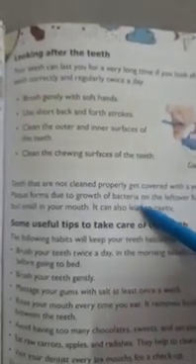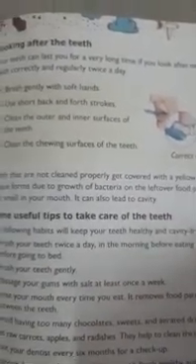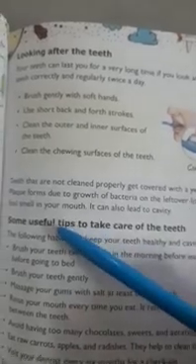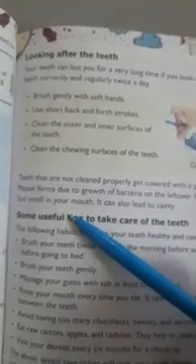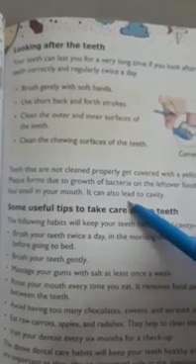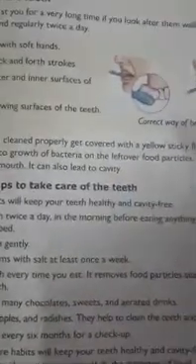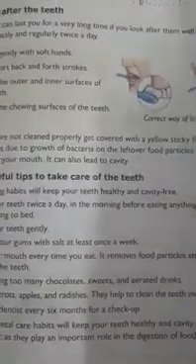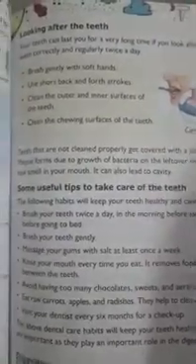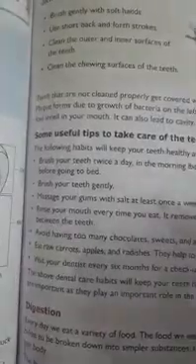Plaque forms due to growth of bacteria on the leftover food particles. Plaque causes foul smell, meaning bad smell in our mouth. It can also lead to cavity. So if we do not brush our teeth properly, the yellow layer will form on the tooth, which can form decay and it can form a cavity also.